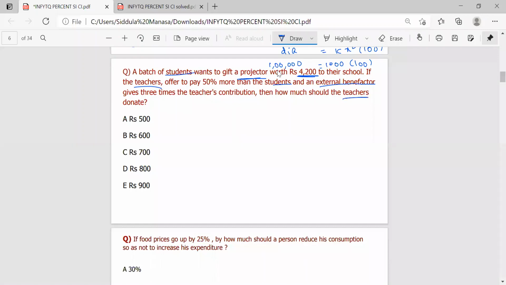Then what is the amount the teacher has to donate? So your time starts now.